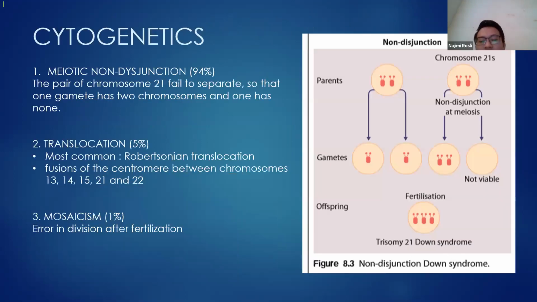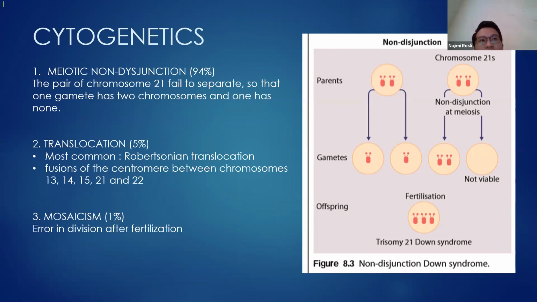Okay, what causes this to happen cytogenetically? Mostly because of non-disjunction. What we mean by non-disjunction is the inability of the chromosomes to separate during meiosis 1 or meiosis 2. Thus, the extra chromosome 21 may result from the meiotic process.